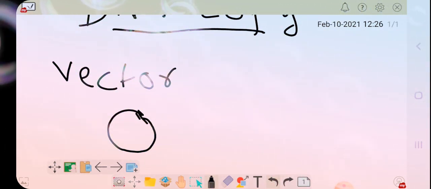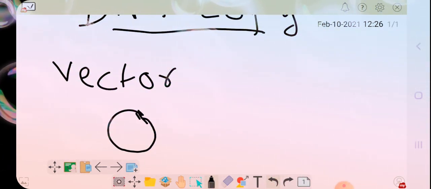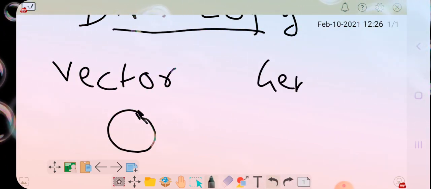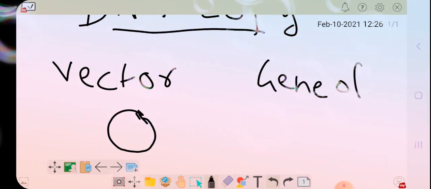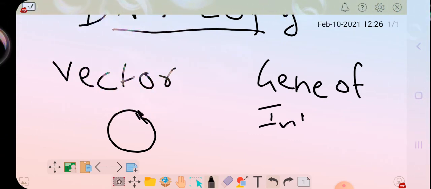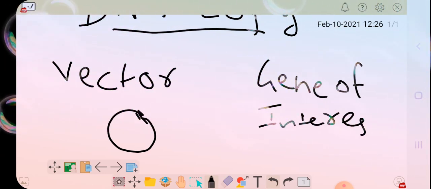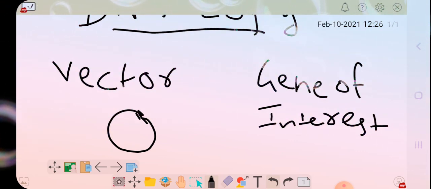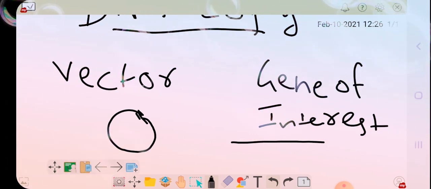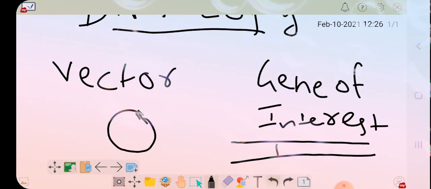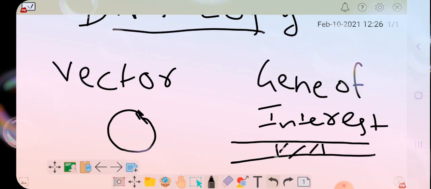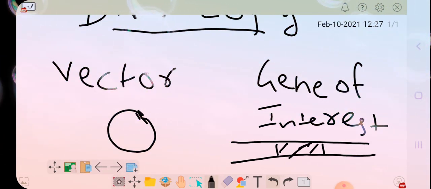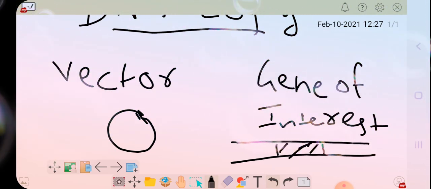Now the second thing that we need is the gene of interest. What is the gene of interest? It means the gene that we have to amplify. Suppose this is a DNA sequence and this is a very important gene, and we have to amplify it to get more and more product of that gene.